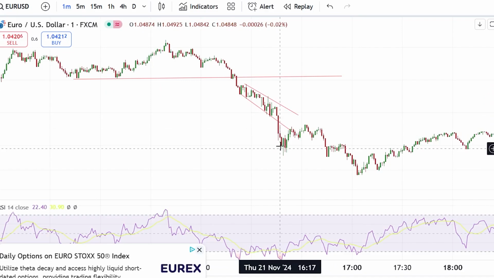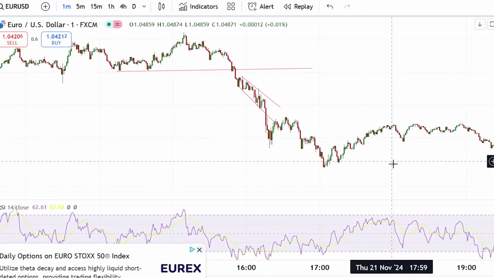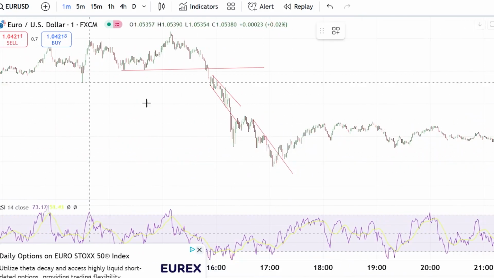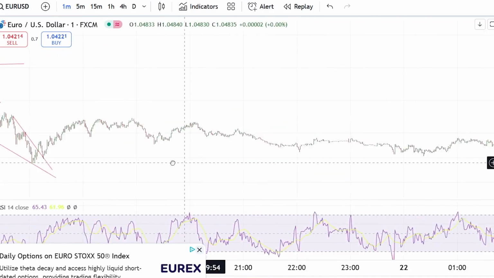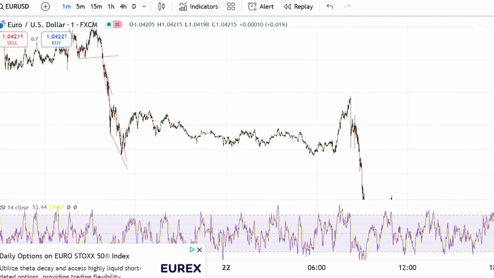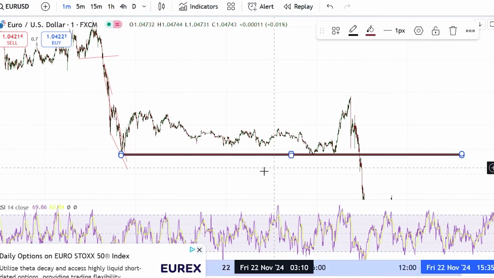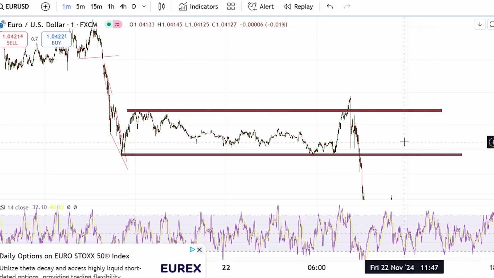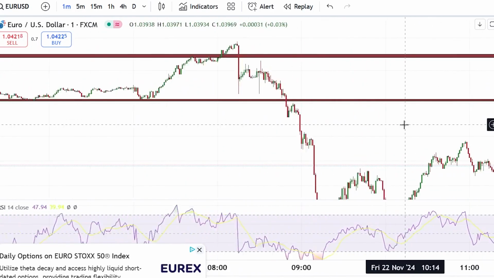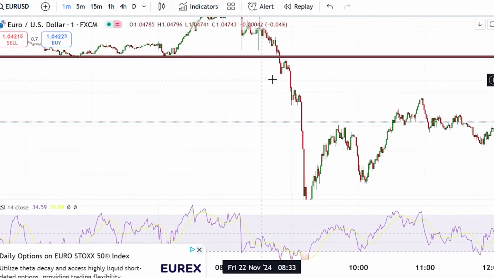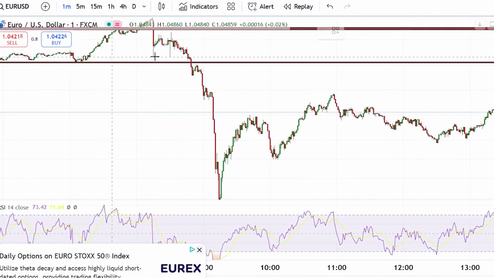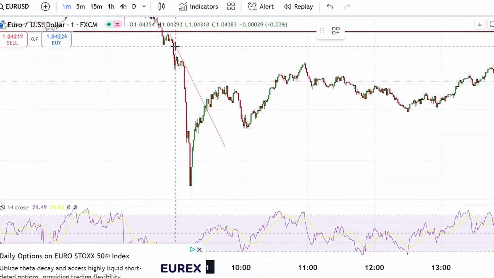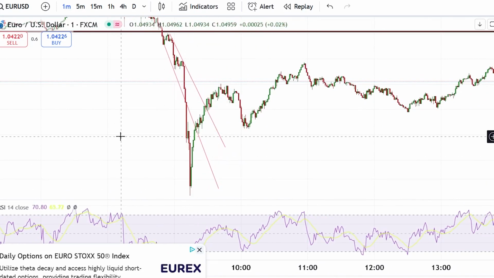This channel is broken by another spike, then here the next channel and a trading range here and here, then a breakout, strong candles, channel, and sign.